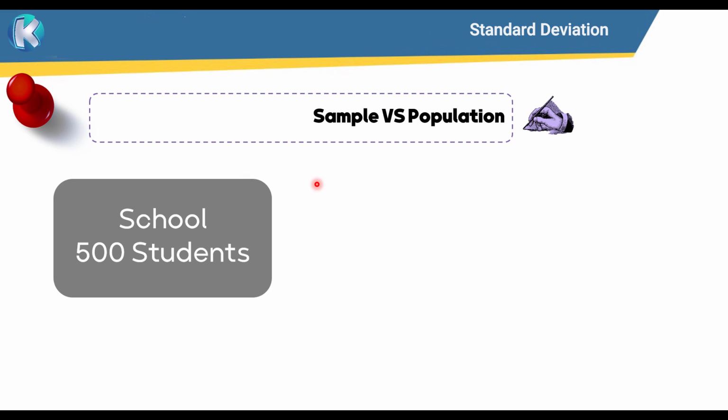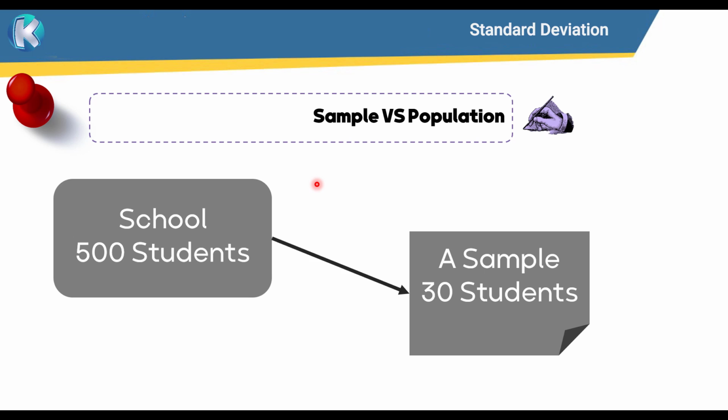The other approach is to take a sample. For example, suppose that we take a sample of size 30. I mean, we sample 30 students and we measure their heights, and for example compute the mean of their heights, the standard deviation of their heights, and so on, in order to generalize whatever we have achieved in the sample to the population, because studying the population itself is very time consuming.